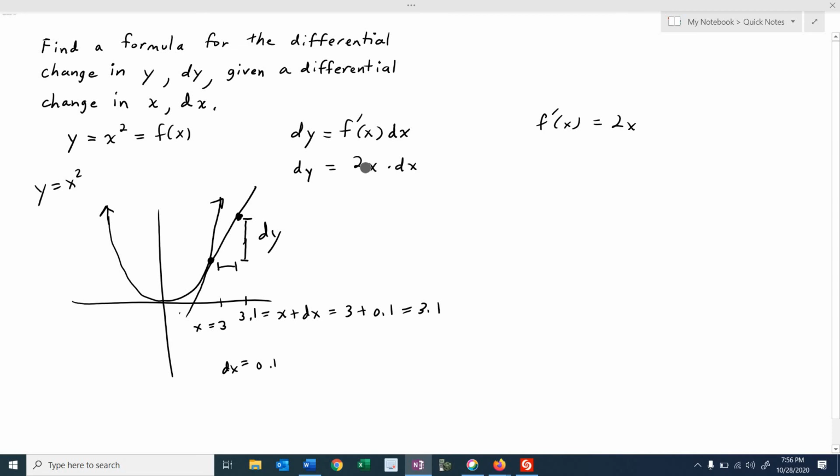Okay, so we just need to plug in 3 for the x here. And by the way, this just gives us the slope of this tangent line, right? The slope of this tangent line is equal to 6. And then we're going to run by 0.1, because dx is actually the run that occurs here. And then the dy is going to be the corresponding rise that occurs on the tangent line.